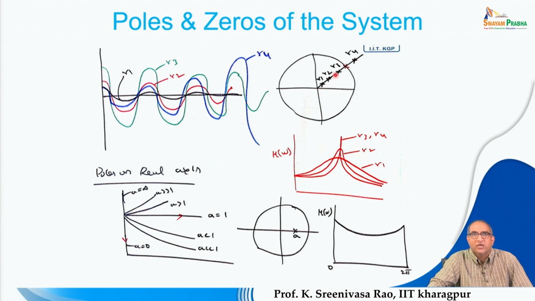If you look at R1, the amplitude is very small, and it converges much faster. When you see R2 and R3, they have sinusoids, and they take more time to converge, right, but they will converge at some point of time.